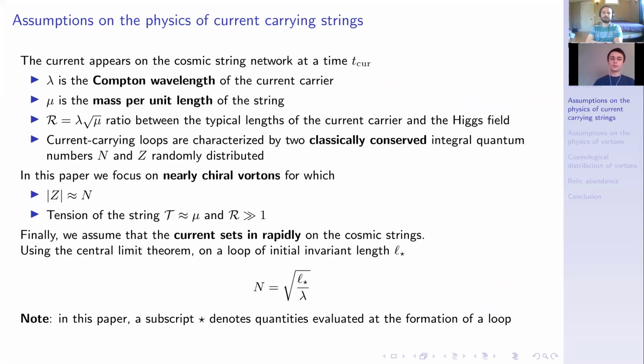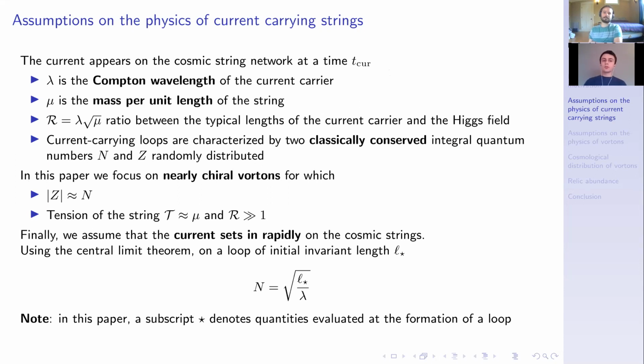So now I have to list the assumptions that we made on the current carrying strings. And in this work, we do not assume that the current carrier is bosonic or fermionic. We just assume that you have a cosmic string network that appeared early in the universe. And at a later time, that we call time of the current here, you have a current that appears on the cosmic string network.